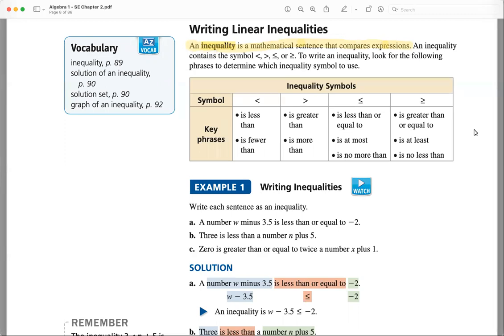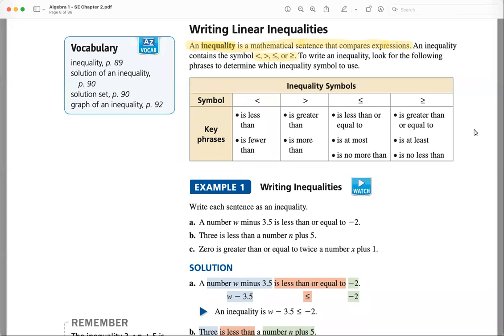So those are very useful. They do give you some here in this table in the book, okay? So inequalities contain these symbols, okay? And then we have some of the phrases here in this page, okay? And that's wonderful. We do have some, but in the paper that I gave you, you had a longer list of phrases to help you with this.